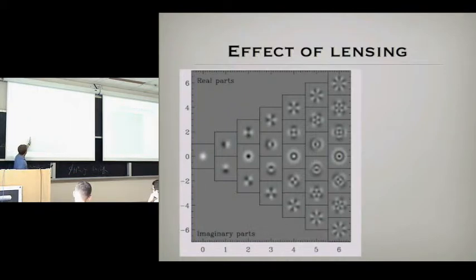If you like, this is the number of radial nodes and this is the number of azimuthal nodes of the relevant shapelet. So if we start with a circular Gaussian, what does shear do? Shear moves power to these components.